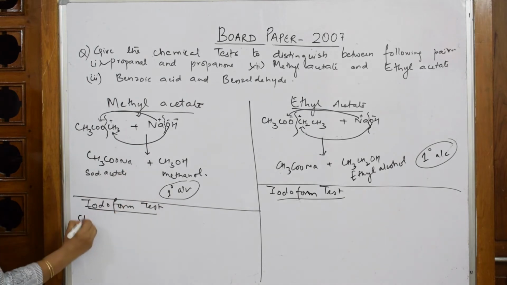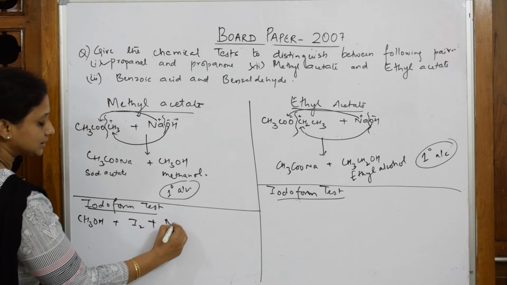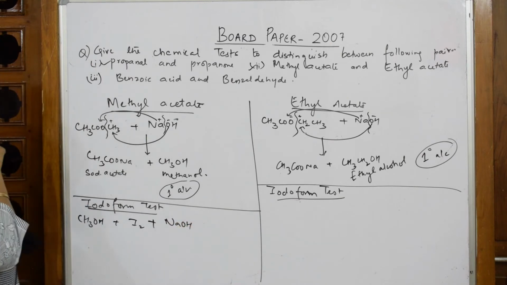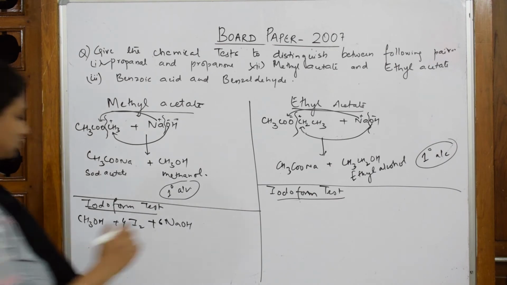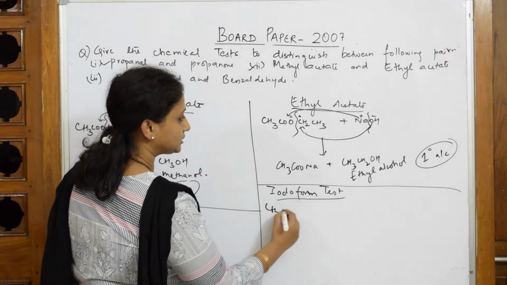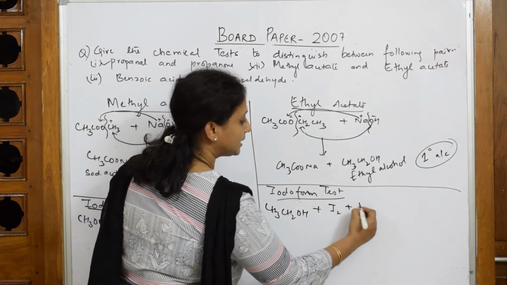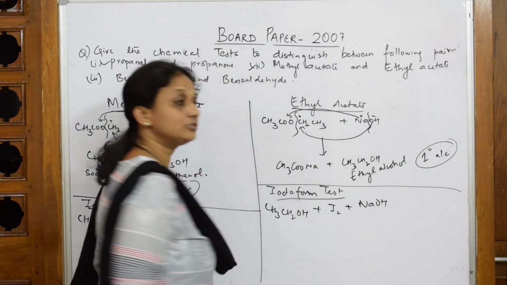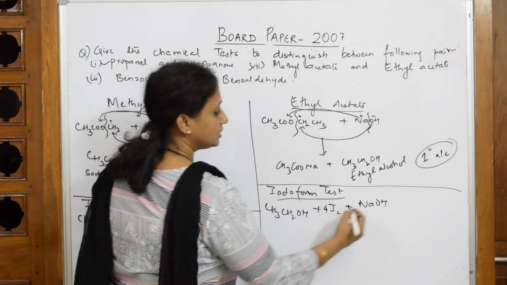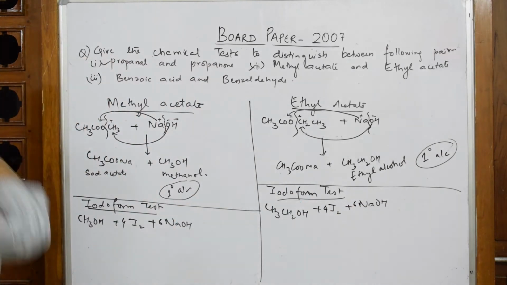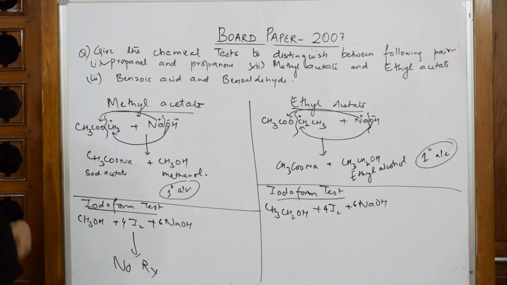Take this methanol. You're going to add iodine plus excess sodium hydroxide. Here also the same thing: you take ethanol, the only primary alcohol which will react with iodine. I've already done a video on the iodoform reaction, please watch that. We very well know methanol does not respond to the iodoform reaction.